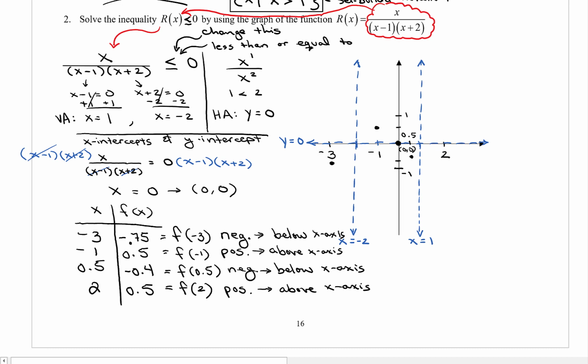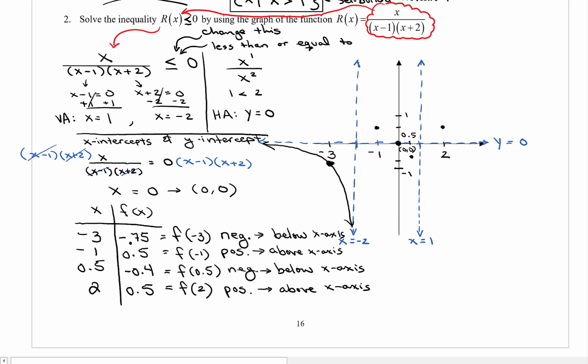Now, because I already know that it's not going to cross the x-axis anywhere, and it definitely cannot cross the vertical asymptotes because otherwise it would be undefined, we know that when I got this point at -3, -0.75, it cannot go above the horizontal asymptote or to the right of the vertical asymptote.